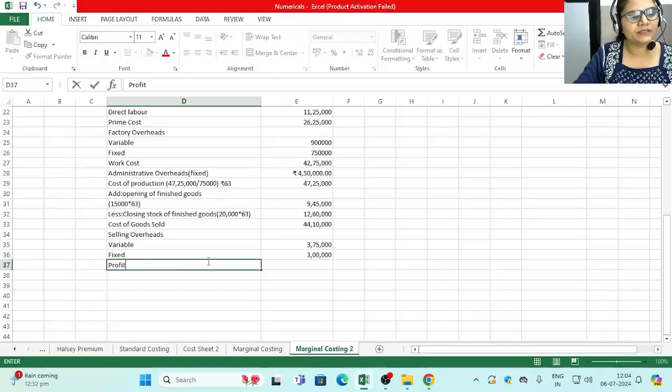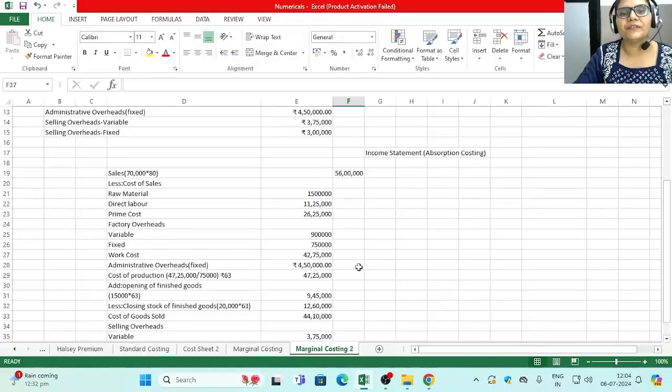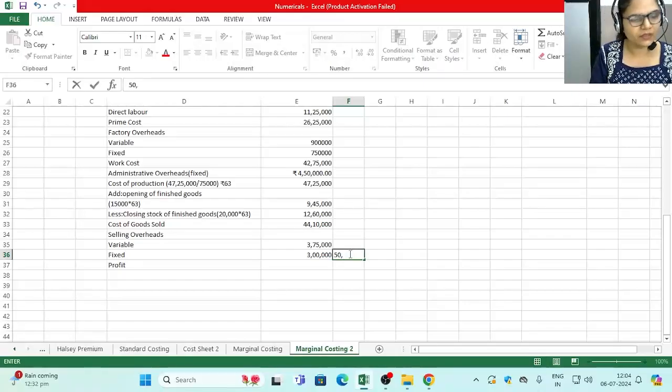Profit is, now we will do all these calculations, and after doing these calculations we got a figure of 50,85,000.